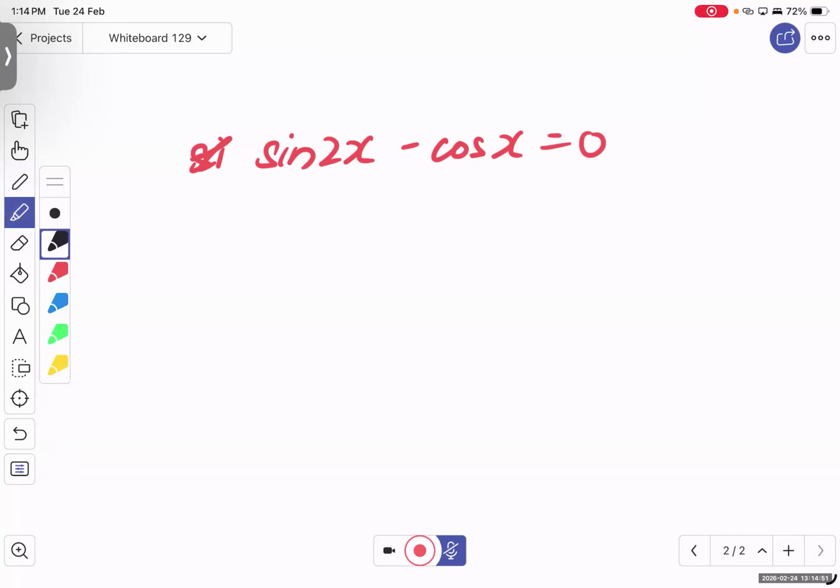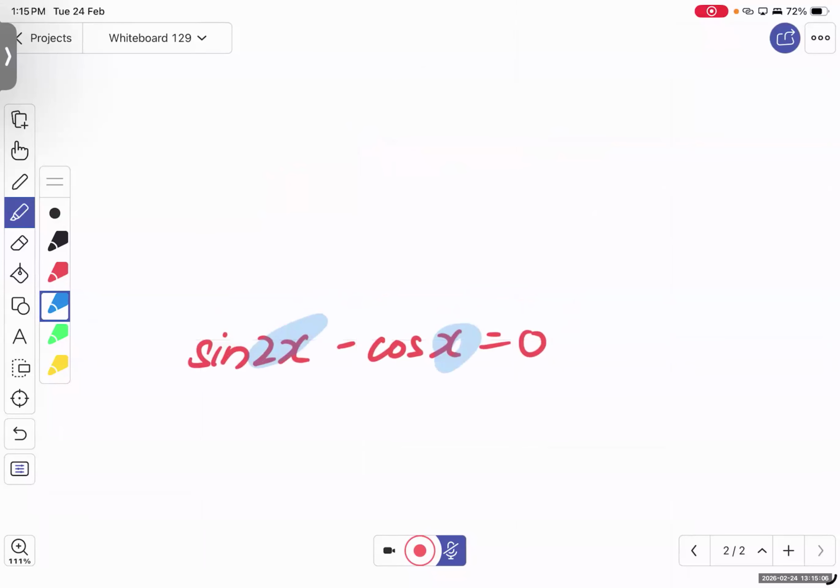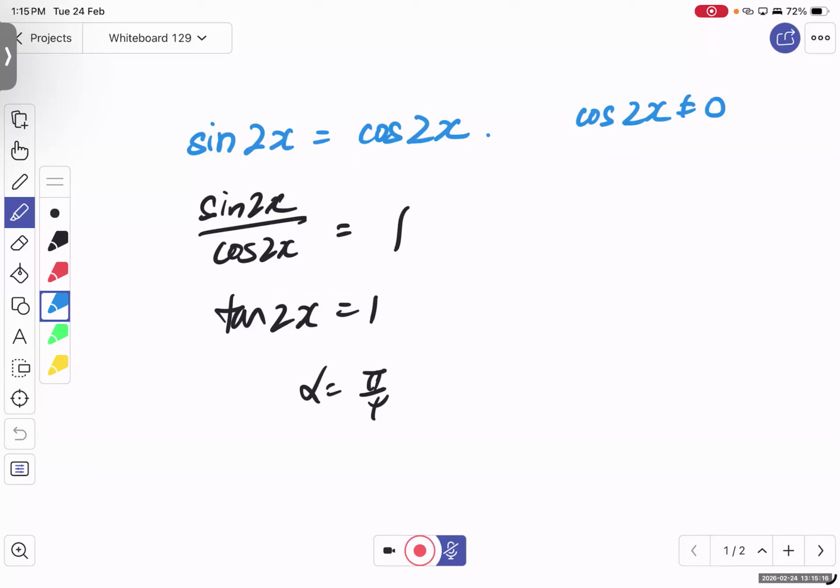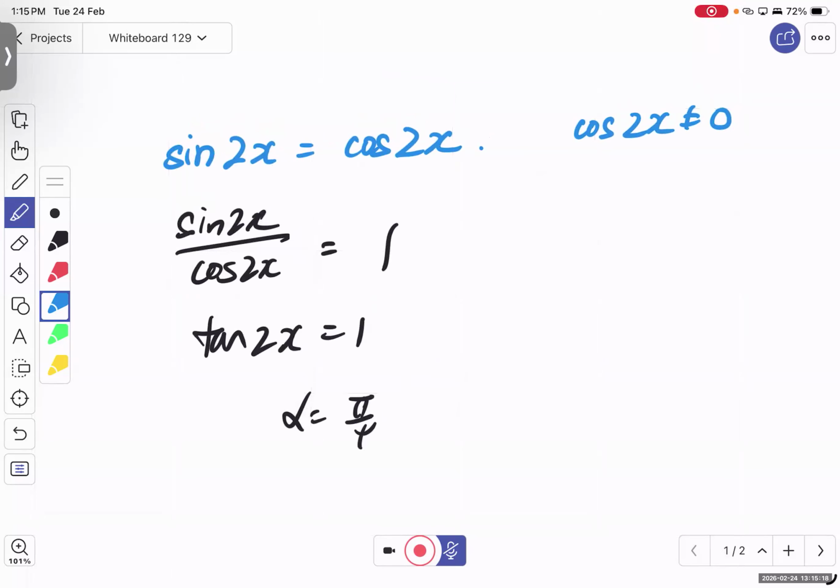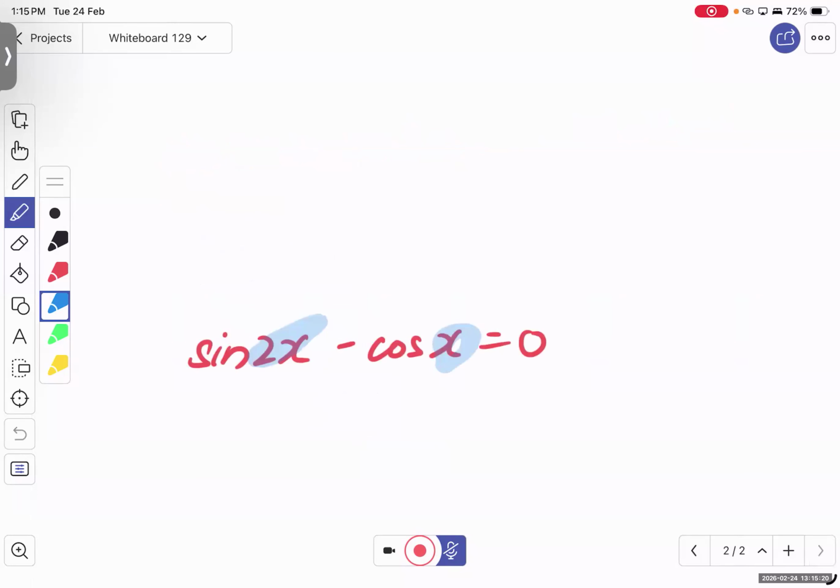Because basically we see a mixture. When there's a need for everybody to be uniform, someone has to change. When there's a need for uniformity, 2x has to change to x. But in the first case, both of them are 2x. Fair enough.